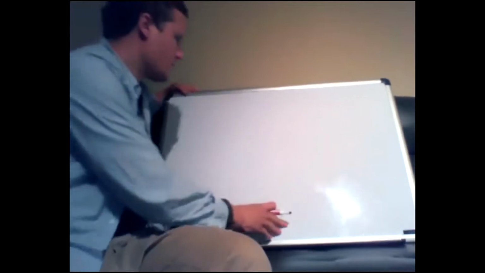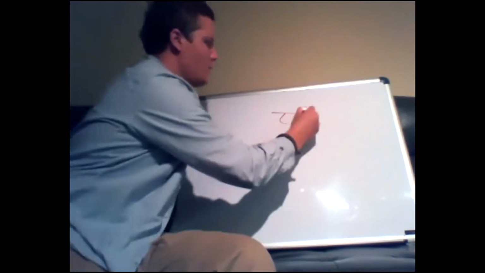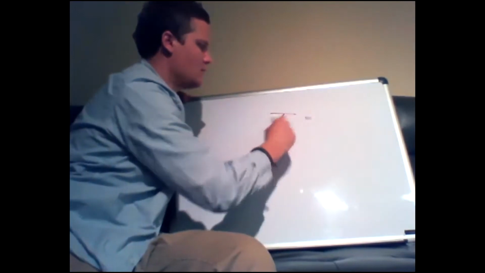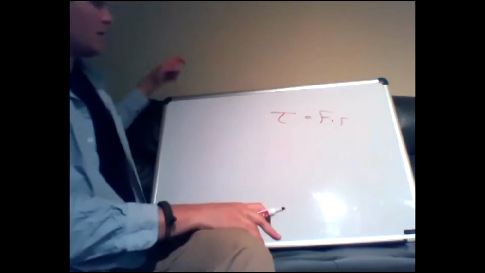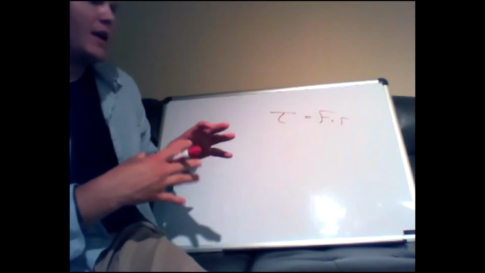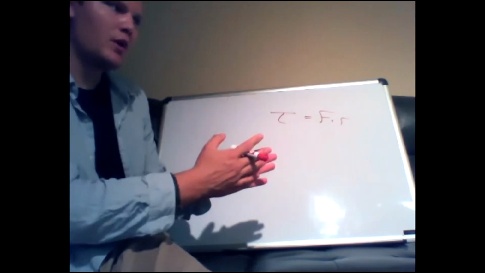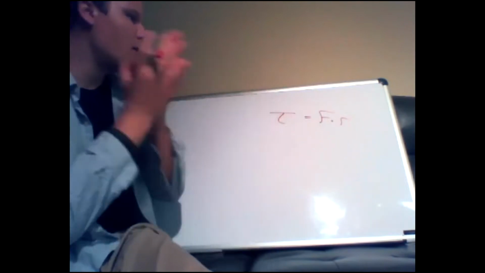The reason it has those long arms to it is because if we want to get something to rotate, our equation that we want to think about is torque, tau, is equal to the force times the radius. Meaning, if we can increase that radius, keep in mind the radius means the distance between the pivot point or the axis of rotation and the area where you're applying the force.